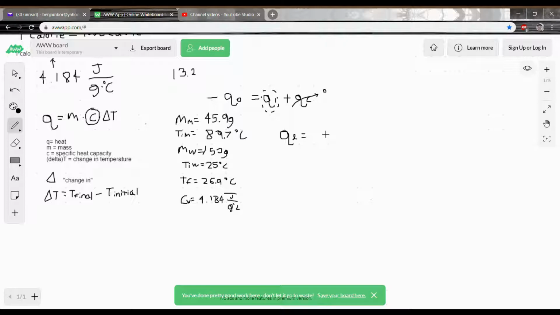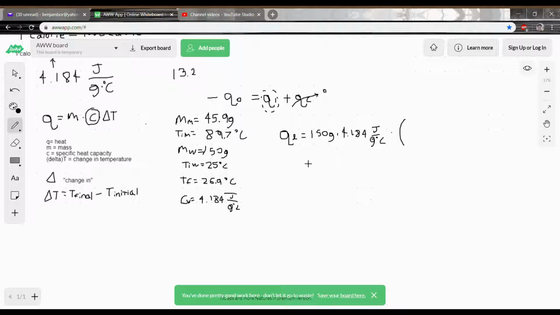So with our equation, we can plug in the variables. Our mass of the liquid is 150 grams. It's going to be multiplied by our 4.184 joules per gram degree Celsius, multiplied by our temperature change.